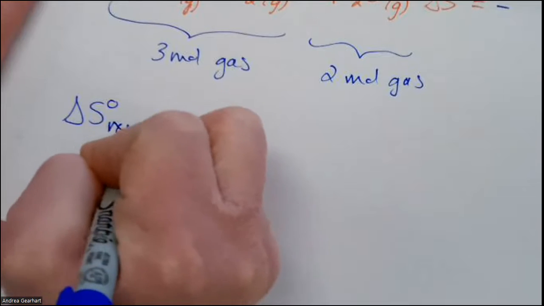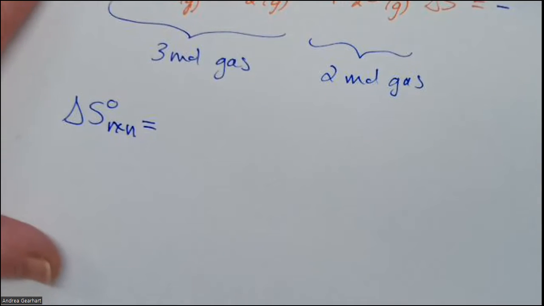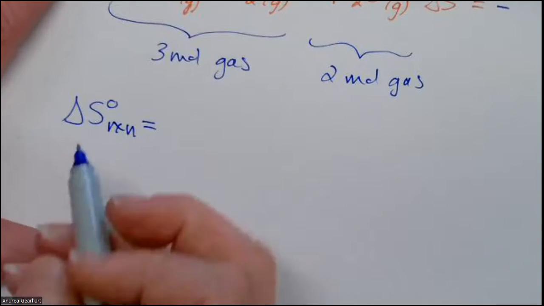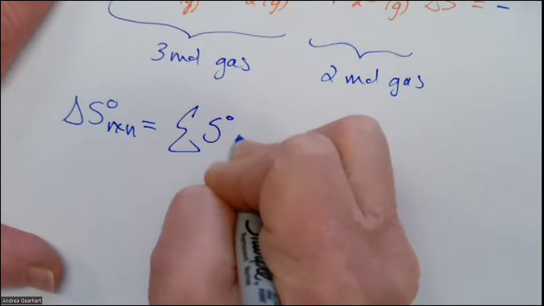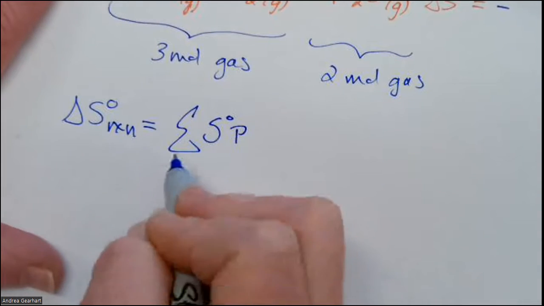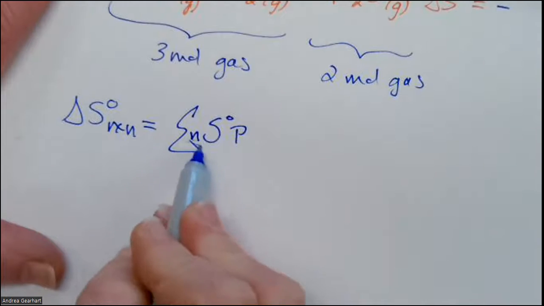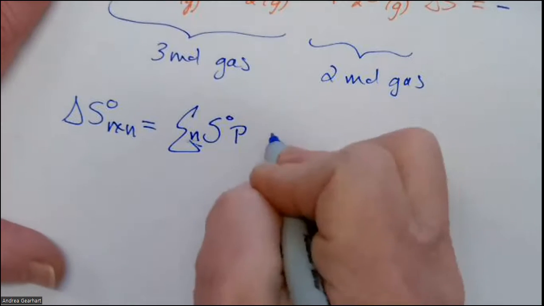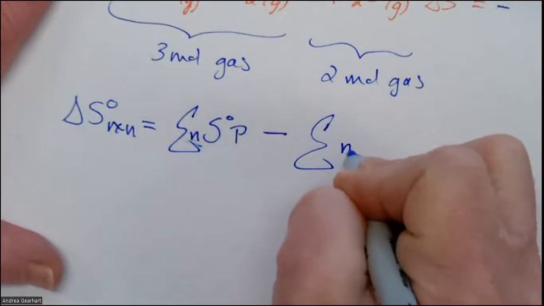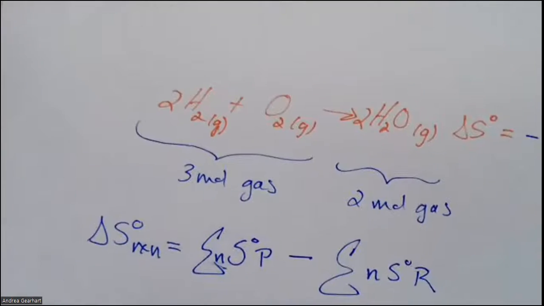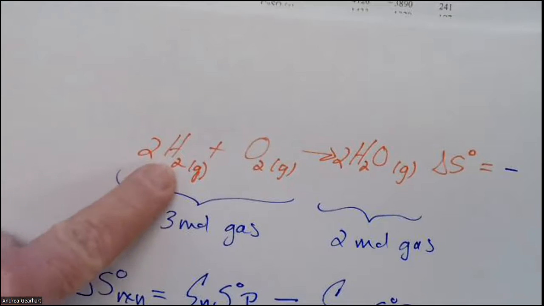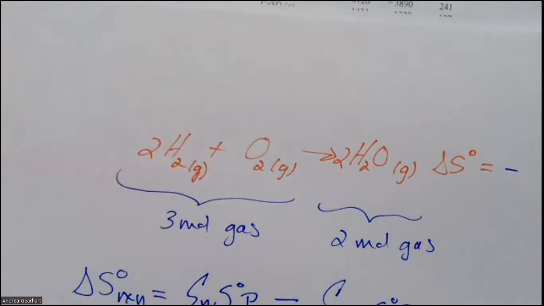What we can do is sum the absolute entropy of the products, but we must take into account the moles of each, minus the summation of moles of reactant. Okay, so Alexa, could you in the table find the absolute entropy of H2 gas?